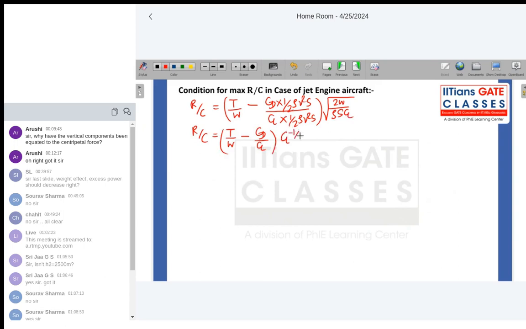So it is CL power minus 1 by 2 into root of 2W by rho S. So rate of climb, if I rewrite, it becomes thrust by weight minus CD into CL power minus 3 by 2, because this will become CL power minus 1, minus 1 by 2 will become minus 3 by 2, into root of 2W by rho S.